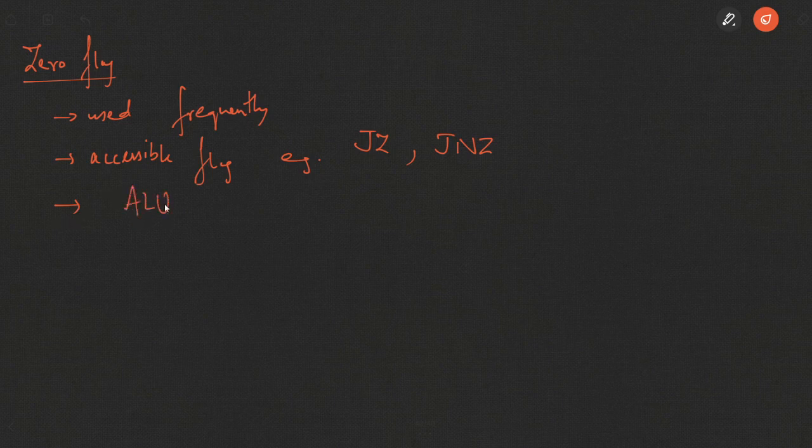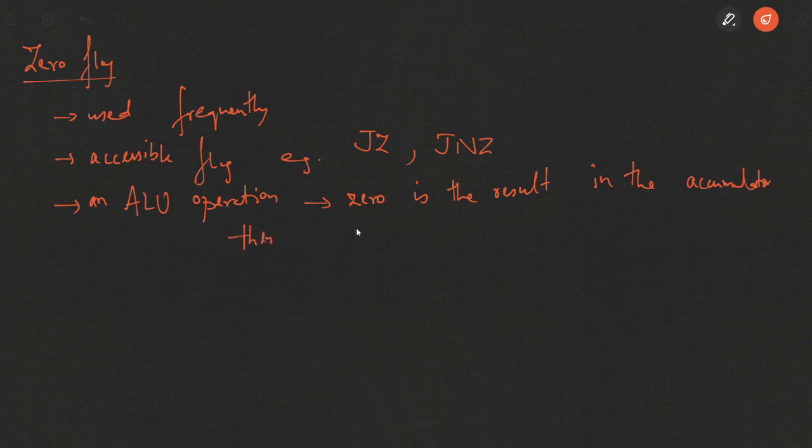So following an ALU operation, if 0 is the result in the accumulator, then zero flag is set or else zero flag is reset. Fine.